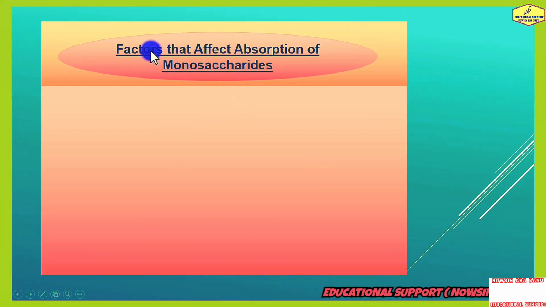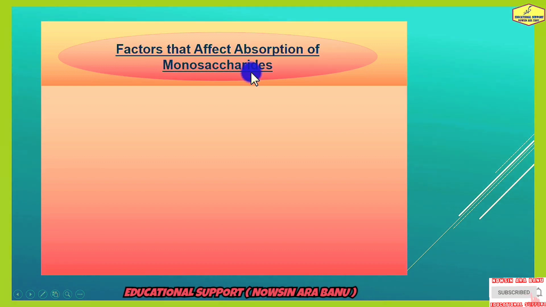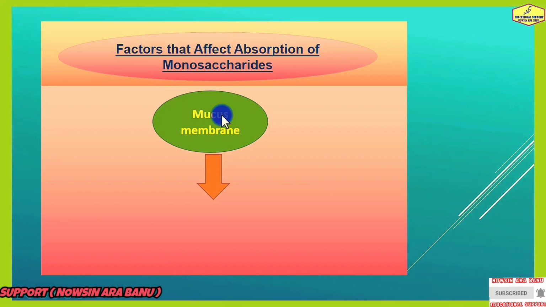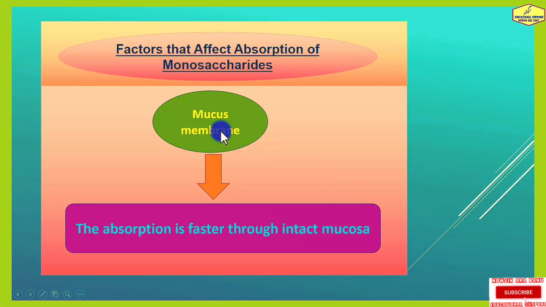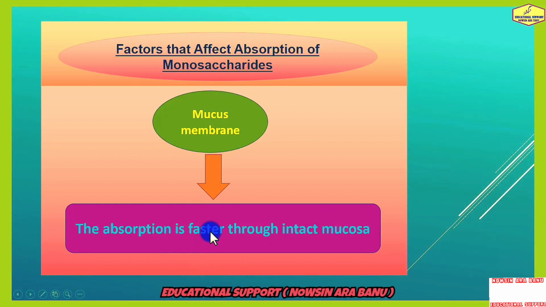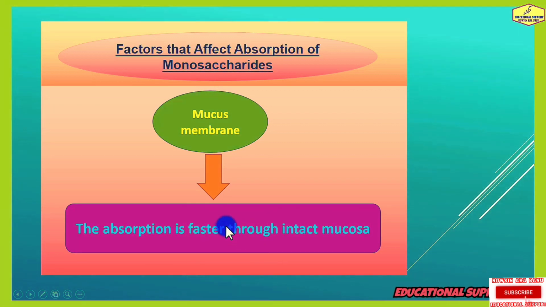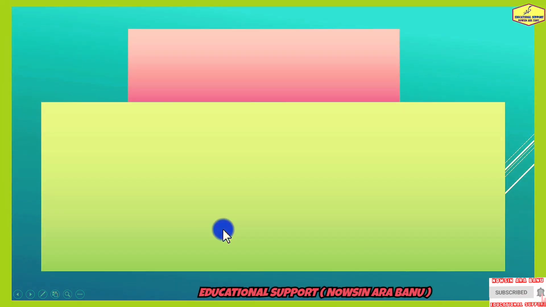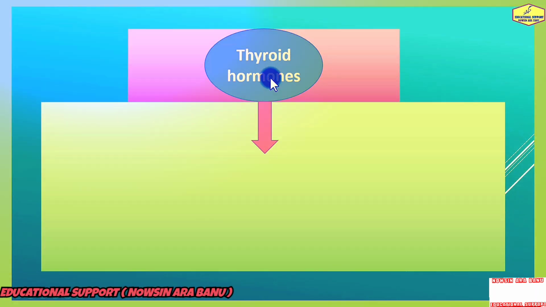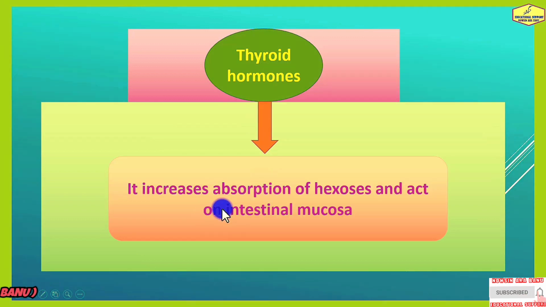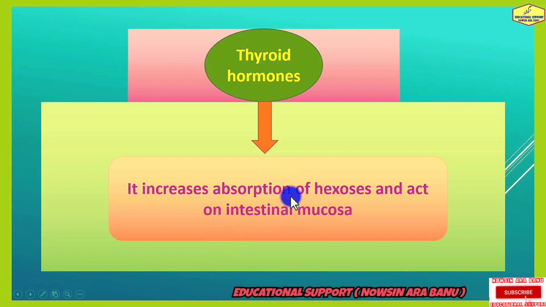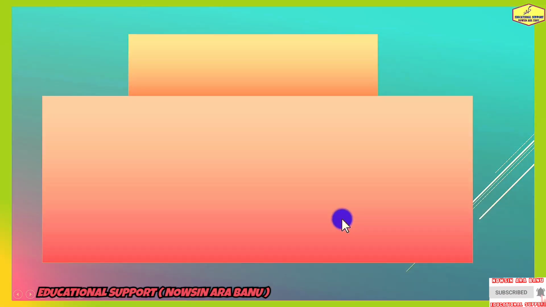Next are the factors that affect absorption of monosaccharides. If the mucous membrane is not healthy, absorption will decrease; absorption is faster through intact mucosa and decreased if there is inflammation or injury to the mucosa. Next is thyroid hormone. Thyroid hormone increases the rate of absorption of glucose. It increases absorption of hexose and acts on the intestinal mucosa.